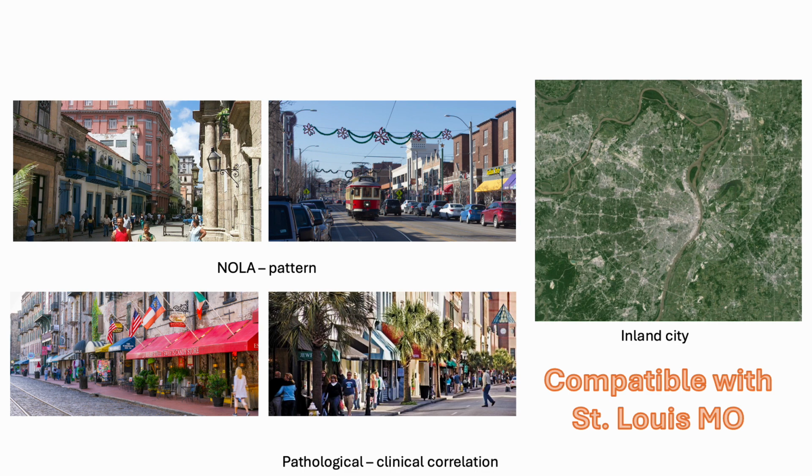And among the 4 differentials, Cuba, St. Louis, Savannah, and Charleston, there is only one city with no ocean or lake nearby. That is St. Louis. So that is the clinical pathological correlation, and also that is the pattern recognition. I hope you understand this at this moment.